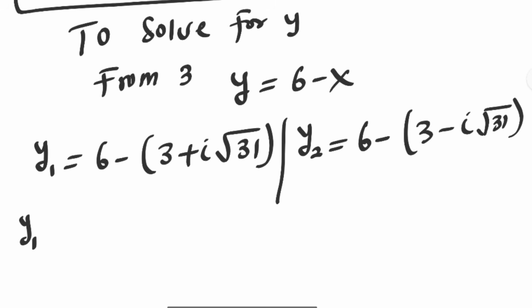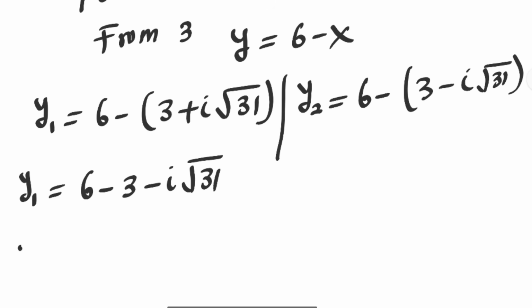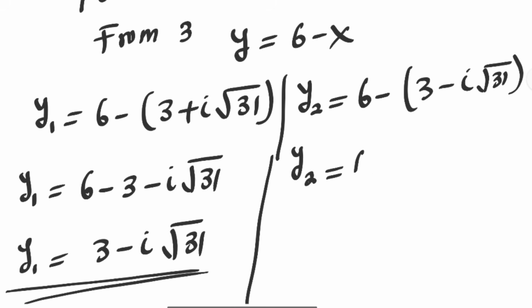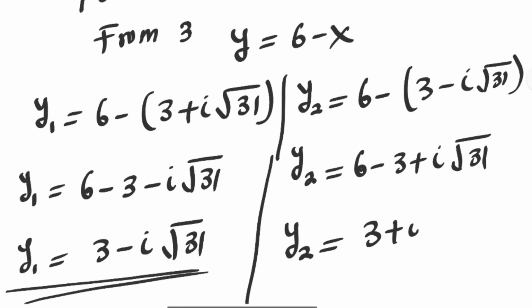Then y1 is equal to 6 minus, if you open the bracket with negative, you have 3 minus i root 31. 6 minus 3, this is 3 minus i root 31, and this is the value of y1. Also, y2 is equal to 6 minus 3 plus i square root of 31. y2 is equal to 3 plus i square root of 31.